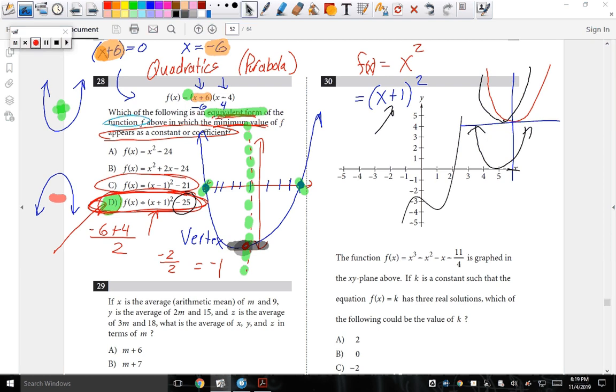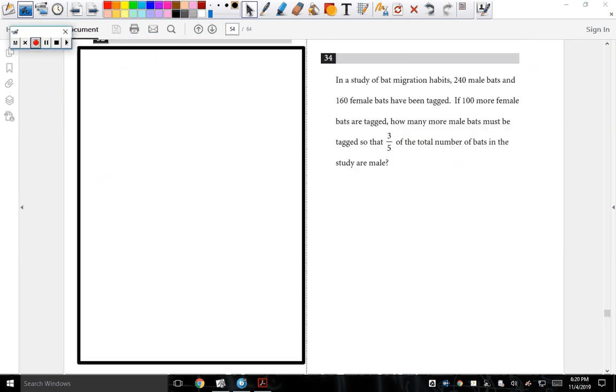All right, what's another one that we could go over from the data? This is one that we are definitely ready for right now and very commonly missed. So in the study of bat migration habits, 240 male bats and 160 female bats have been tagged.